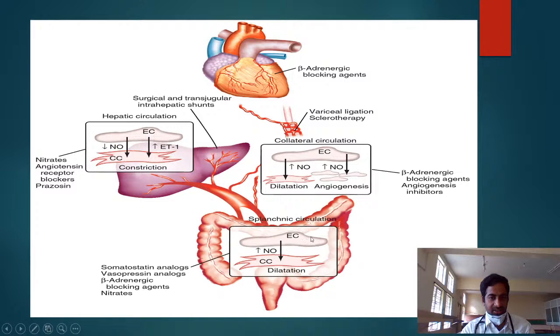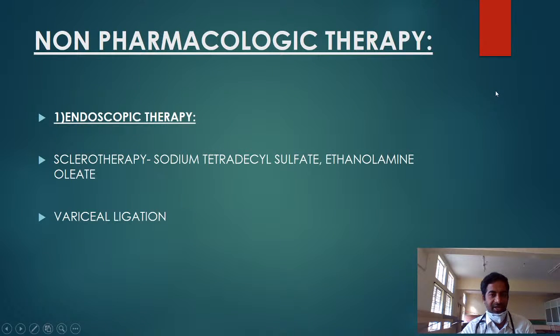In the splanchnic circulation there is vasodilatation, so to decrease that you give somatostatin analogs, vasopressin analogs like terlipressin, beta blockers and nitrates. So just remember splanchnic circulation, hepatic circulation, collateral circulation. Beta blockers are a very important form of management for preventing esophageal varices bleeding, so they are mainly given for prophylaxis.